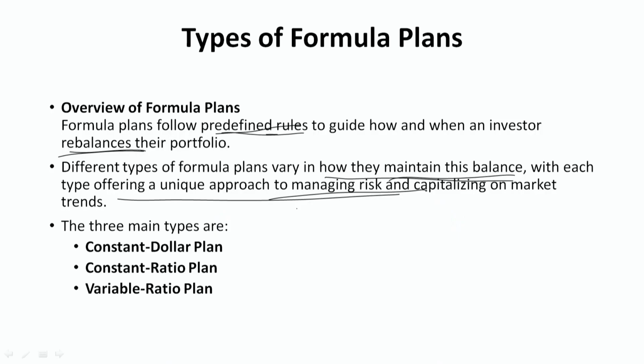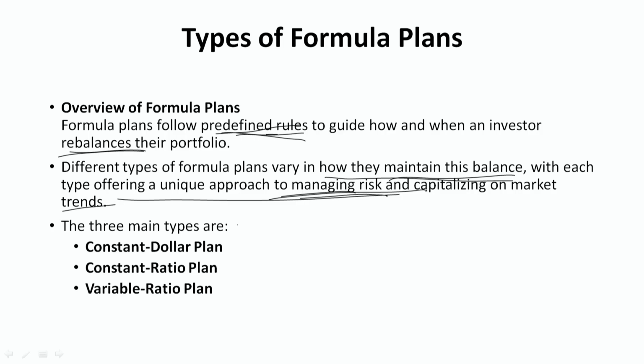How much volume of a particular thing has to be held at a particular point of time. So, both are determined in terms of proportion. So, I can change the proportion either in terms of value or in terms of volume, but the ultimate idea is how I am going to manage the risk. But I have a formula in place, it is predetermined, it is ruled by all those things, but it will vary according to the market trends.